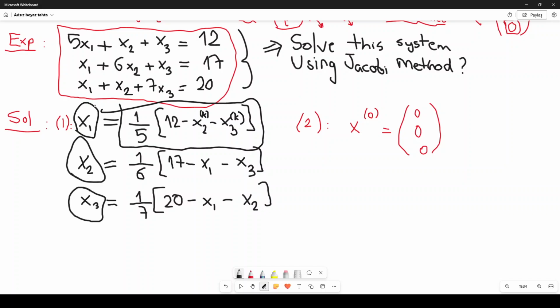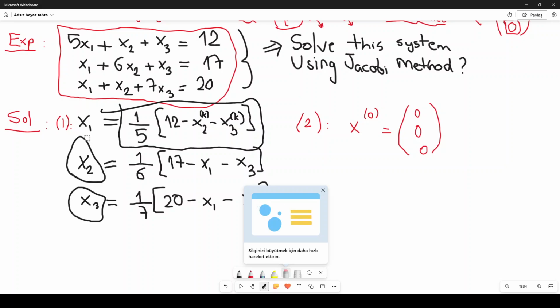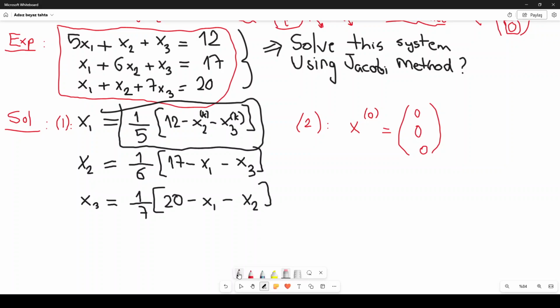And for the x1 on the left hand side, let me first erase this to clearly show you that. I do the same thing for the others as well. And here what I put is k plus 1.